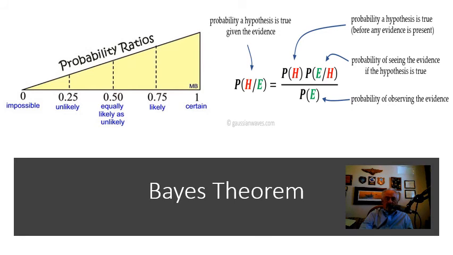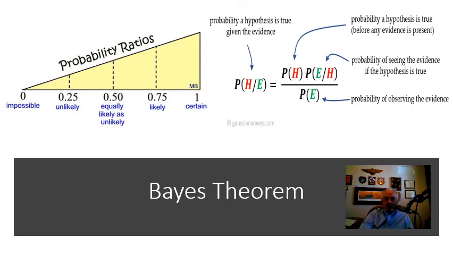The answer we're looking for is the probability a hypothesis is true given the evidence, P of H given E. That equals the probability a hypothesis is true before any evidence is present, that is P of H, all right, times the probability of seeing the evidence if the hypothesis is true, that's P of E given H, divided by the probability of the observed evidence, which is P of E.